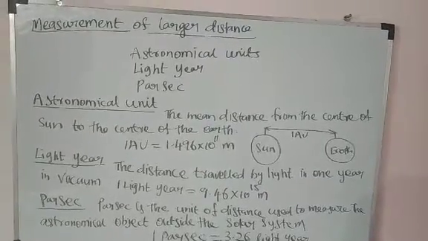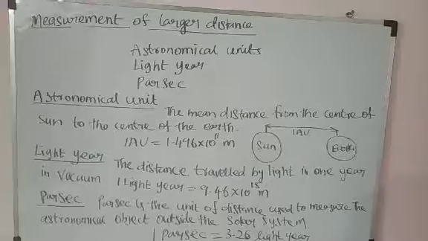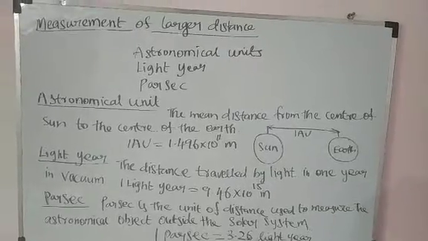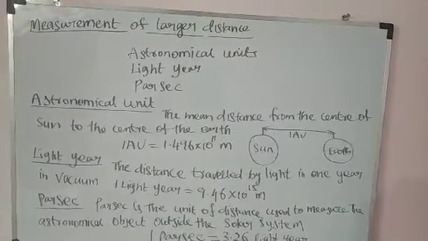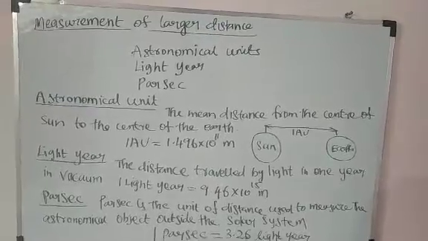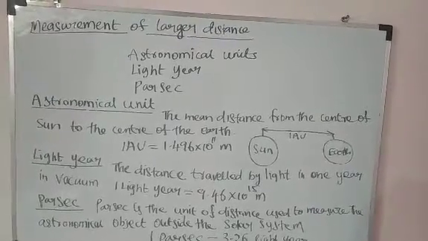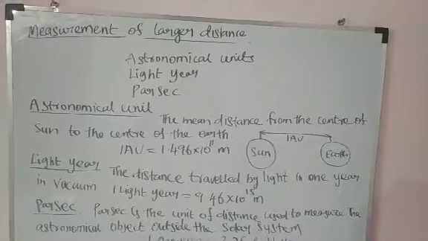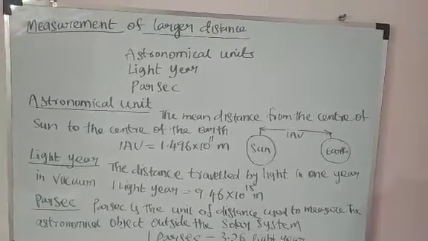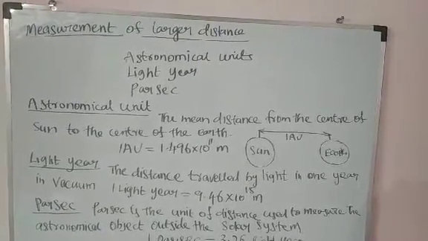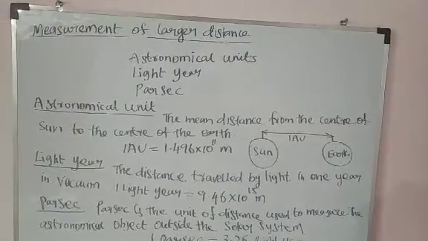With the help of triangulation method, we measure the height of a tree, height of a tower. With the help of radar method and laser pulse method, we measure the distance between two planets. So these are the methods used to measure distance.